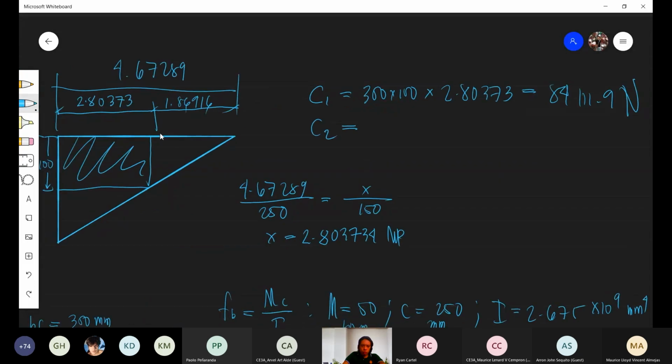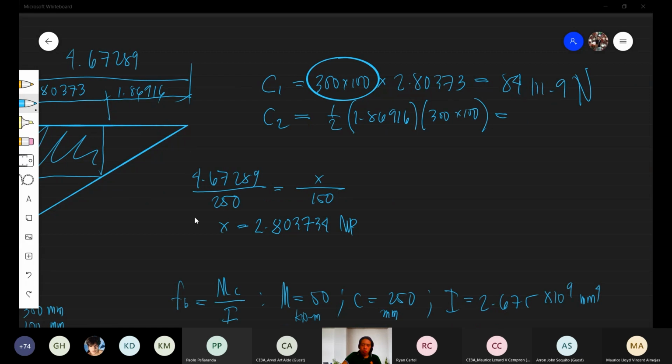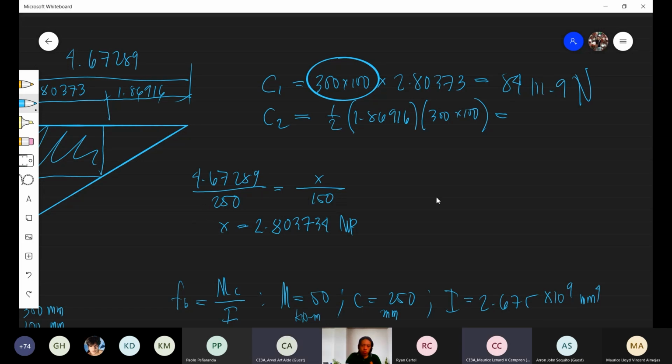It is a triangle, so 1/2 times 1.86916 times the area where they are acting, that is 300 times 100. Your answer is 28,037.4 Newton.